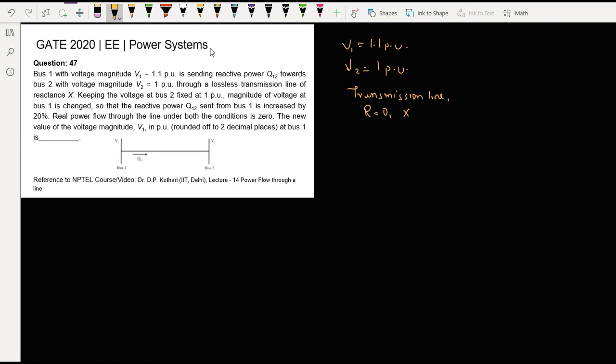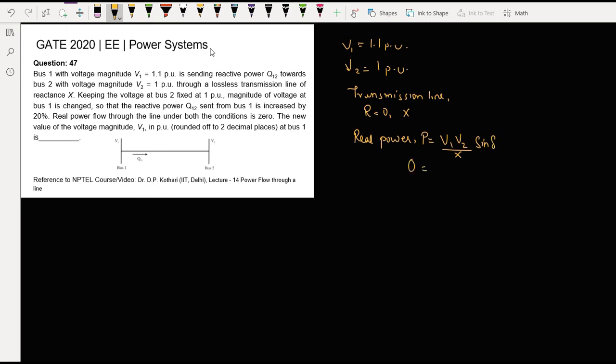Now, making use of the expressions which we have discussed earlier, the real power is given by P equals V1 V2 by X sine delta.